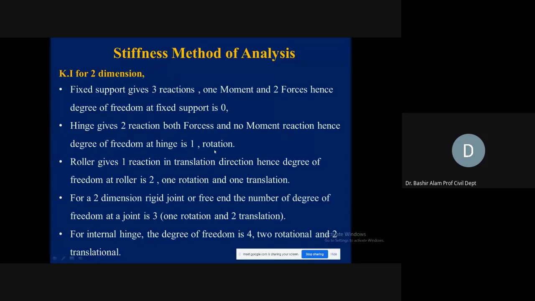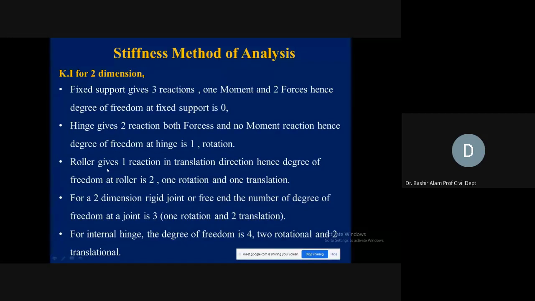We just talked about this, that the moment is going to be 0 at hinge, meaning it cannot resist the rotation. So it cannot resist, which means there will be rotation. When there is rotation, that is our degree of freedom, and that is the kinematic indeterminacy of the problem. So at hinge, we have 1 degree of kinematic indeterminacy, which is rotation.